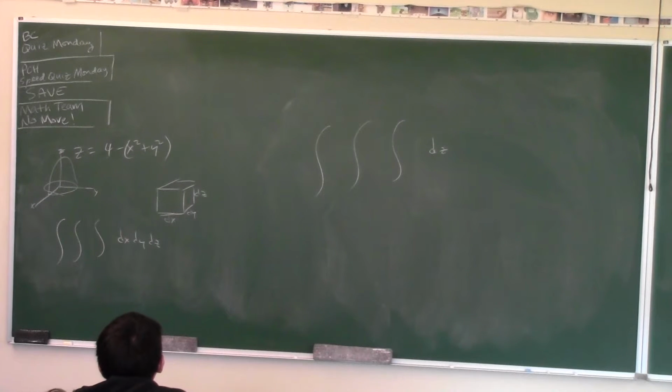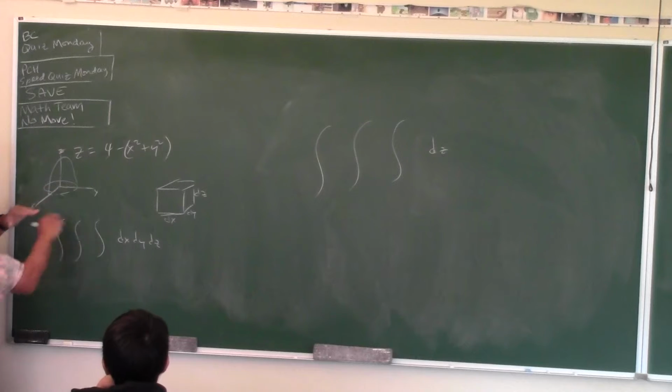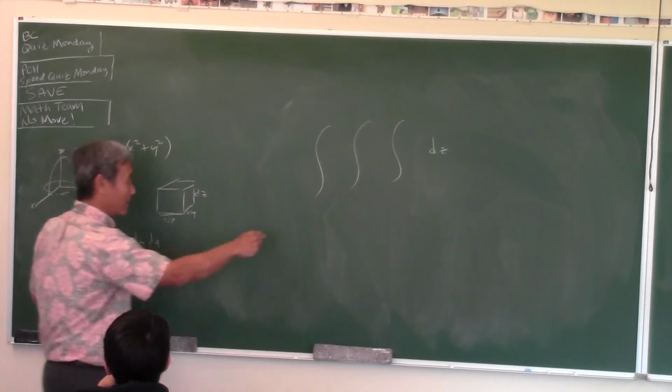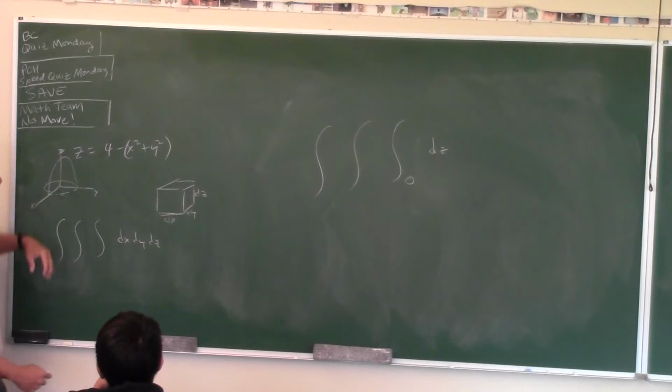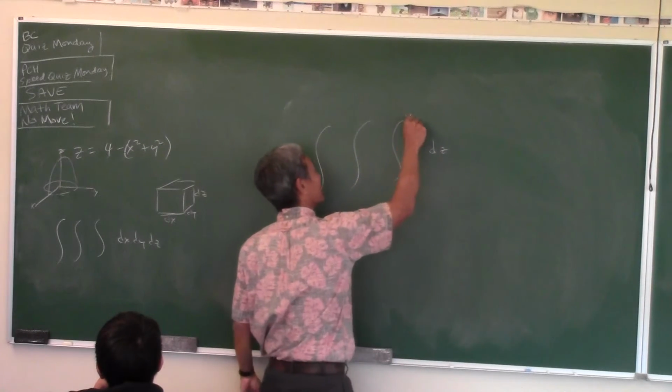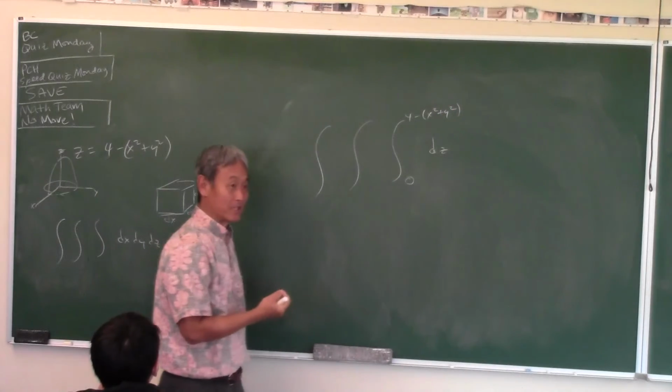So z is going to go from the bottom z to the upper z. What's the bottom z, since it's the xy plane? 0. And what's the upper z, which is the paraboloid? 4 minus x squared plus y squared. So that's the limits for z.